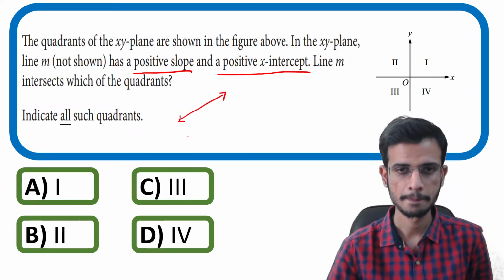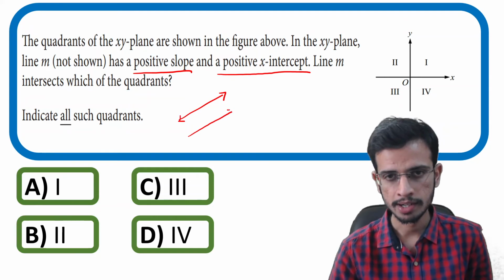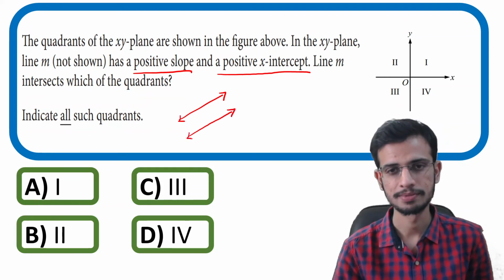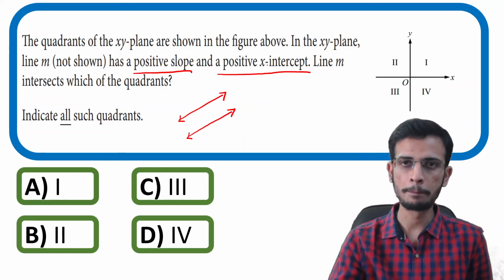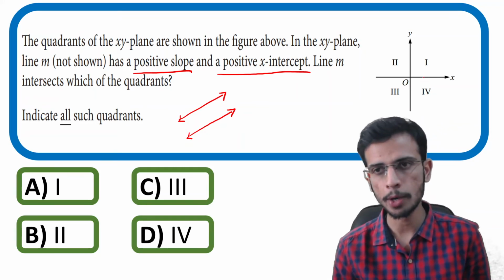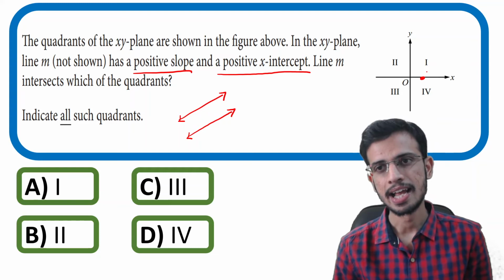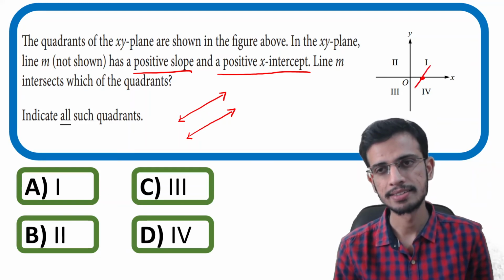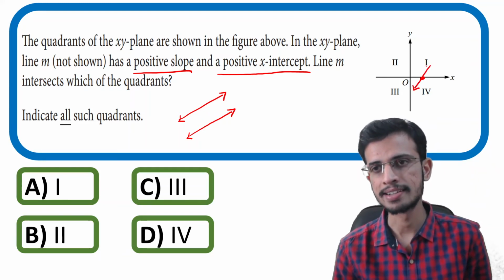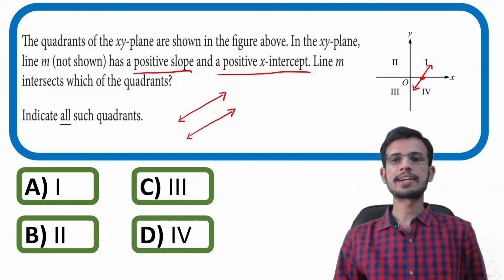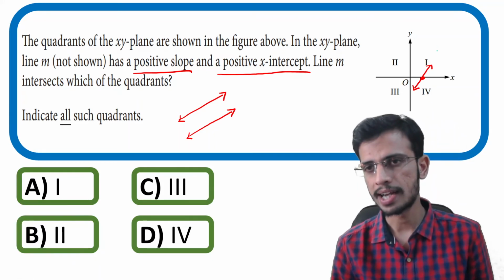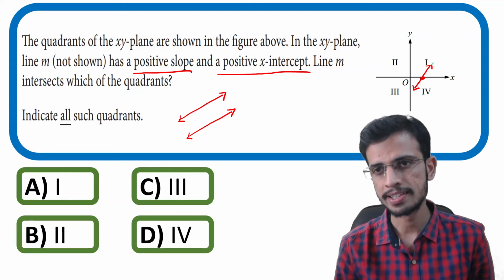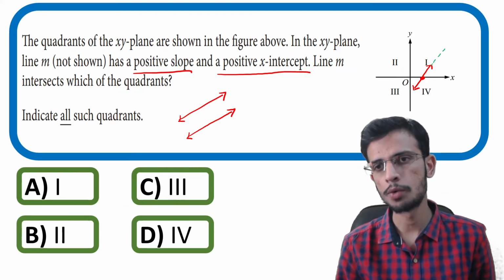These are all the set of lines which are having positive slope, and we have to cut the x-axis on the positive side. So I have marked one point and I will draw one line. Right? This is the required line. Yes, you can extend this line infinitely on both sides, and you can now give the answer.